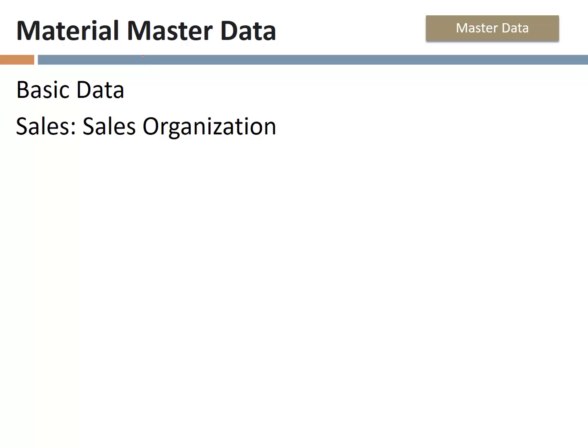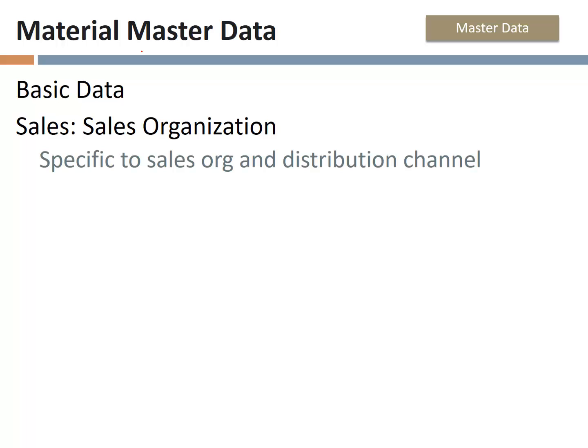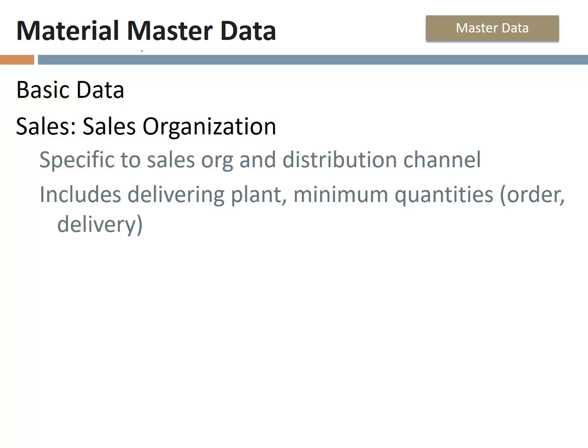We have a sales view in our material master that is really tied closely to the sales organization. So a given material might have one material master record, but depending upon the sales organization that's selling that product, the sales organization view might be slightly different for the same material for different sales organizations.